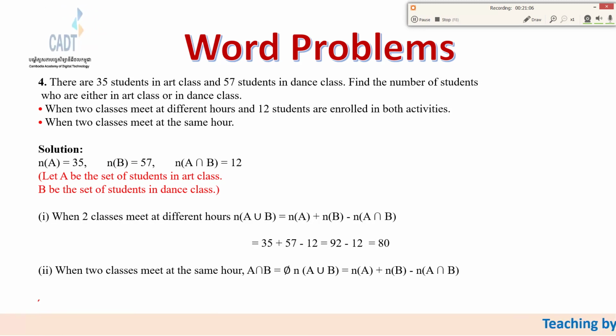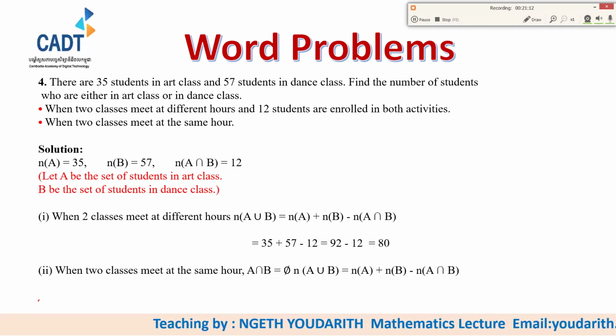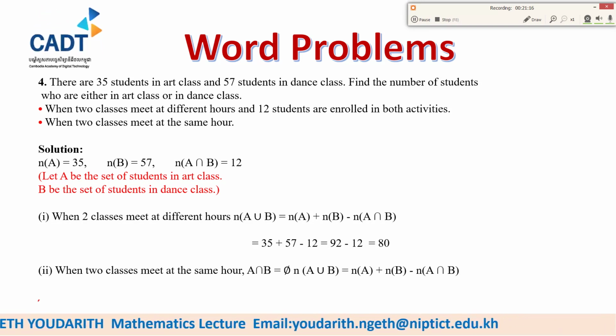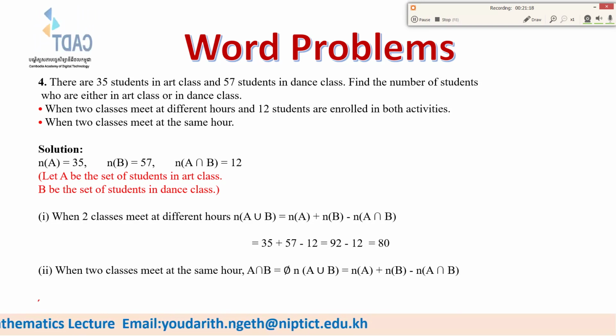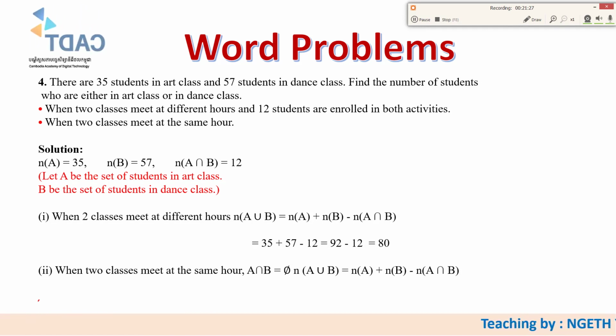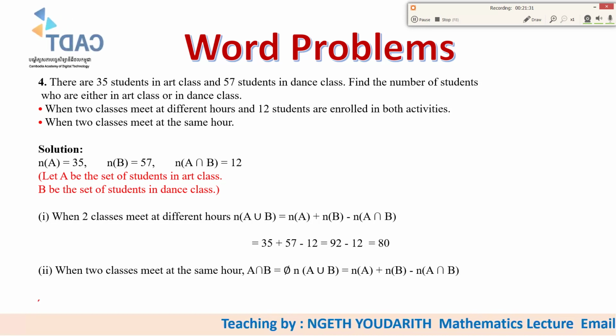The same, for example, if you study math and soft skill, but math and soft skill are at the same time. Math starts from 7 to 9 and soft skill starts from 7 to 9. So other students that choose both of these subjects cannot study both. They should choose one of these two subjects.